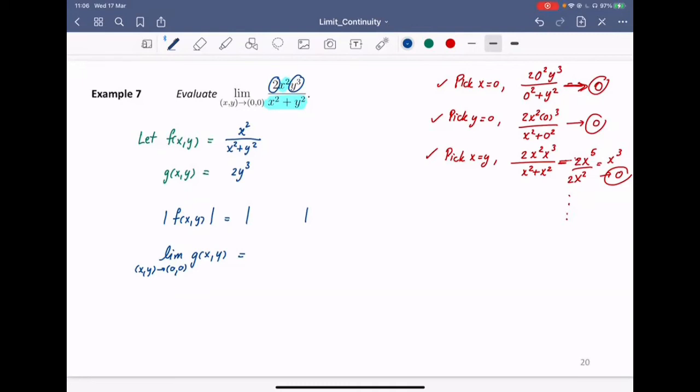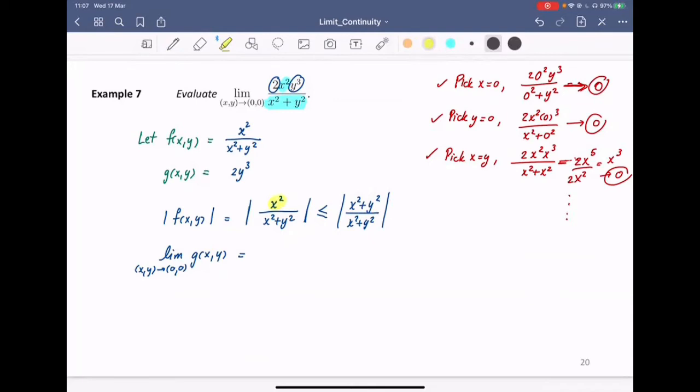The reason why I pick f to be x squared over x squared plus y squared is because I can find a bound easily by saying that x squared over x squared plus y squared must be less than or equal to x squared plus y squared over x squared plus y squared. Because on the left-hand side, you have just x squared.